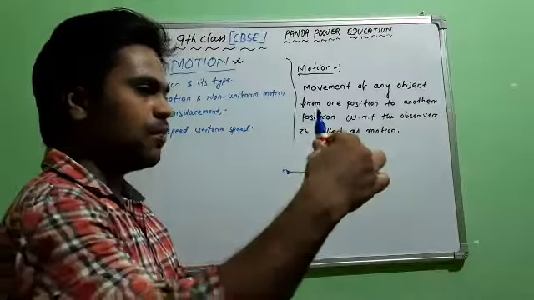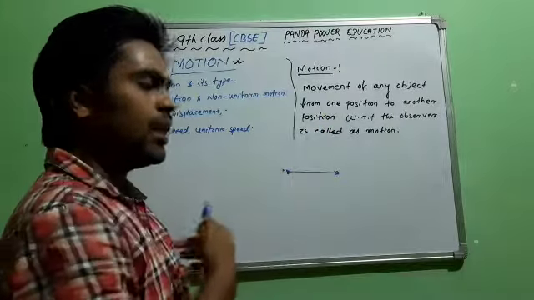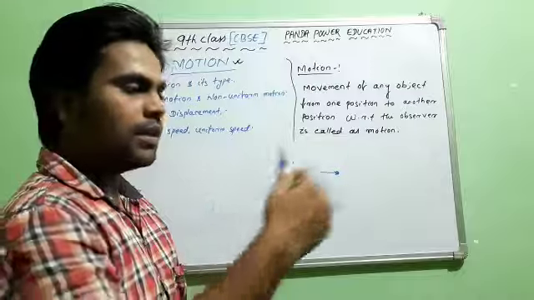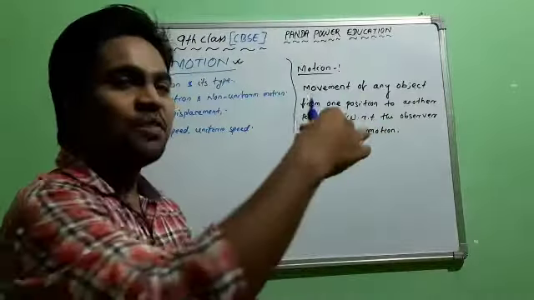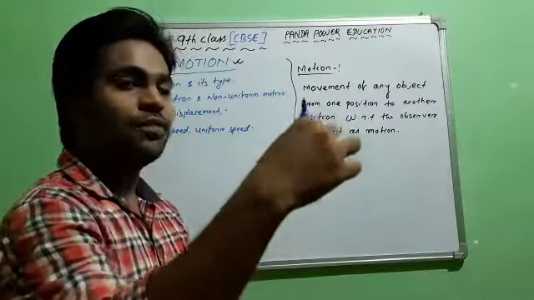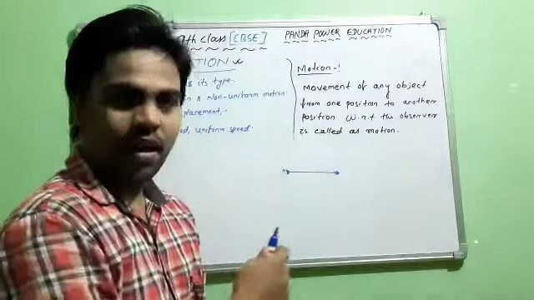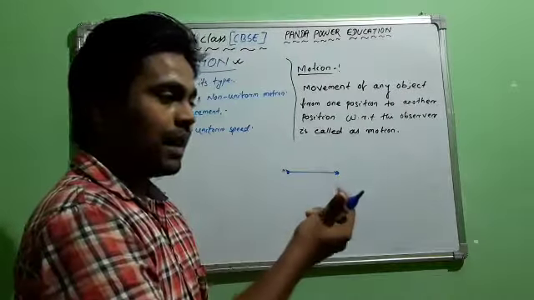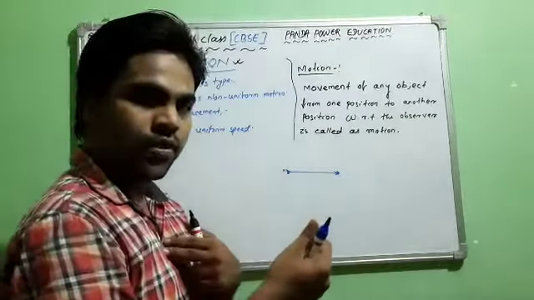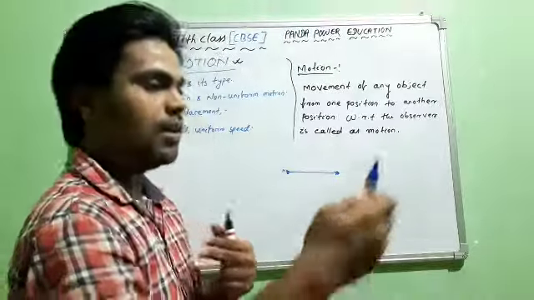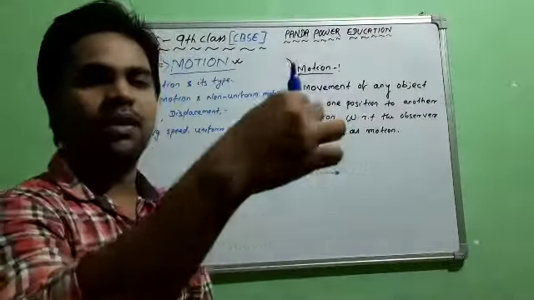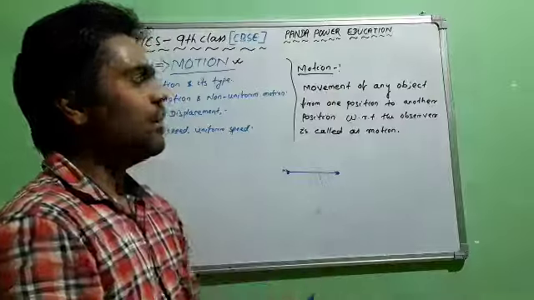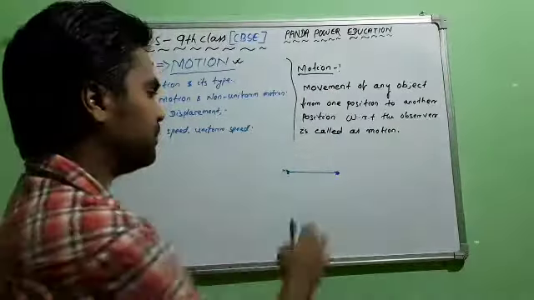Another object is moving here. So with respect to me, this object is moving, or this object is in motion. So I am the observer. With respect to me, this object is moving. Got it? That is the definition you should write.